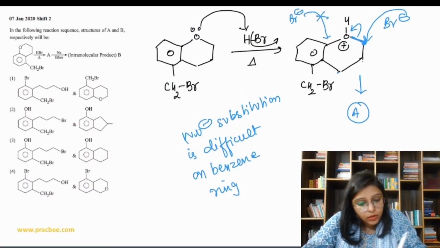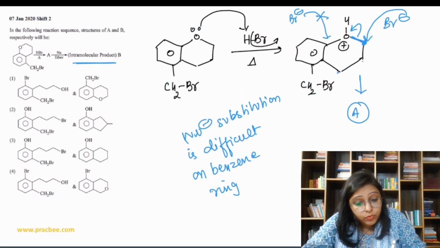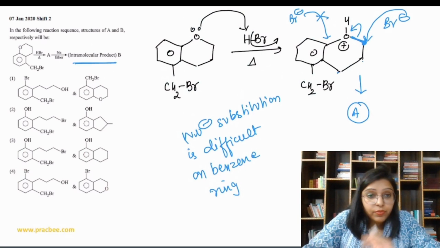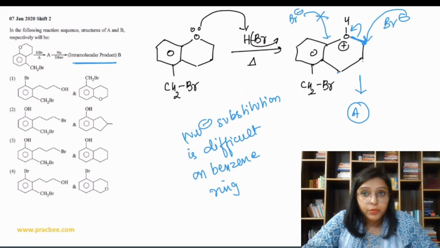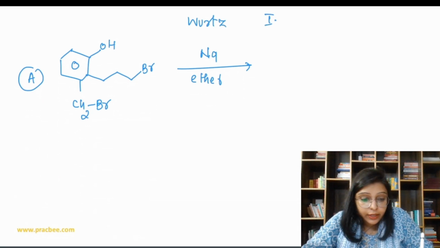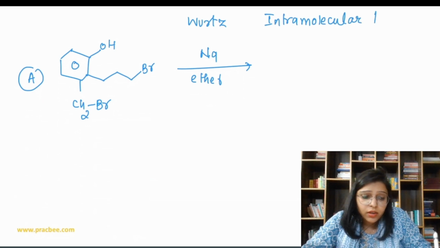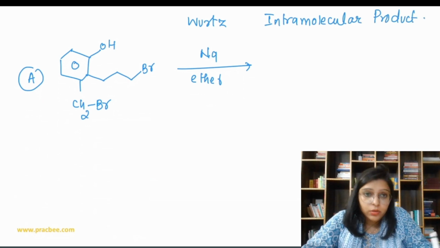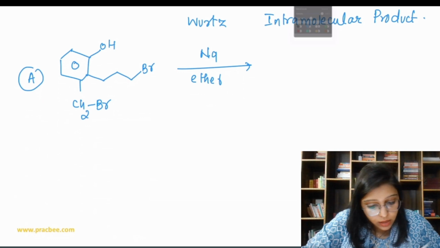Now, next, this is A. Next, Na in ether, and we have to form an intramolecular product. That is, from the same reactant we have to write down the product. So we have Na, ether. This is going to be the Wurtz reaction. But we have to write down the intramolecular product. And we know that an intramolecular reaction is faster than an intermolecular reaction. So what happened?